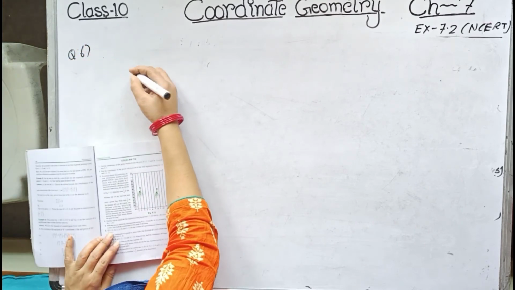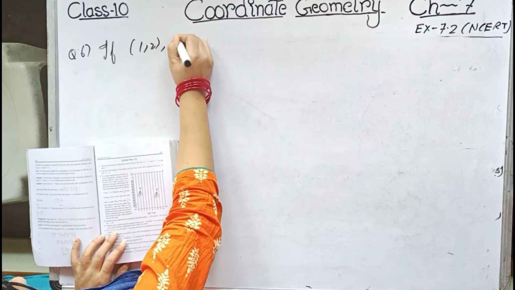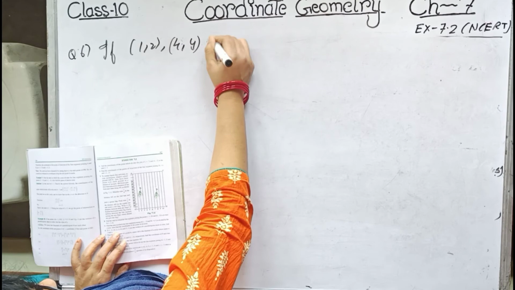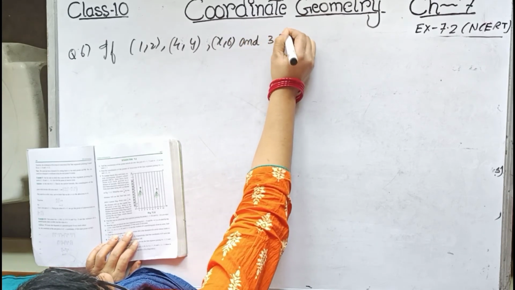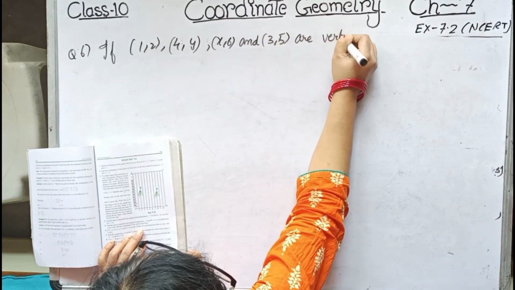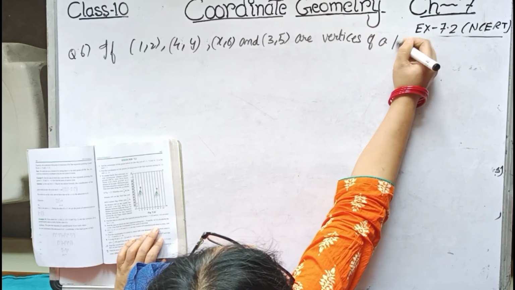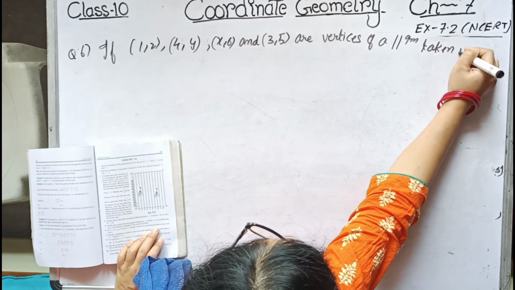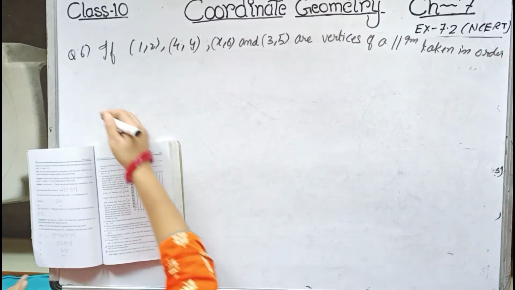Question 6 says that if (1, 2), (4, y), (x, 6) and (3, 5) are vertices of a parallelogram taken in order, find x and y.